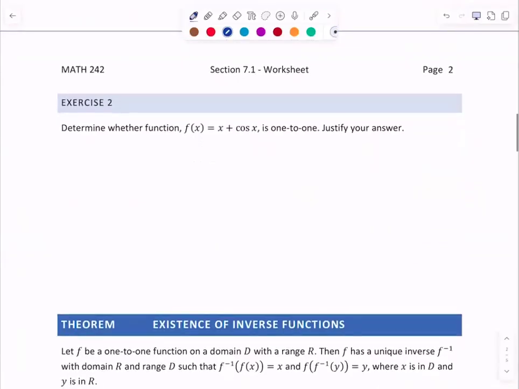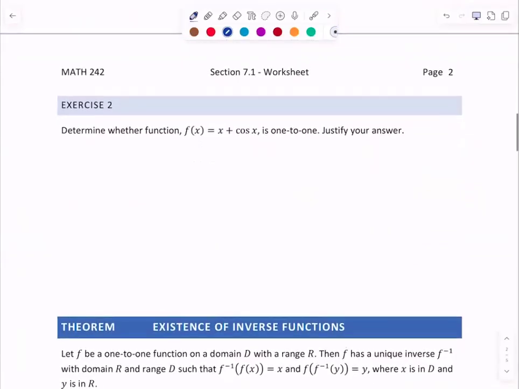Okay, so let's apply some of these concepts that we just talked about. This time, we need to determine whether this function is one-to-one. The challenge here is that if we do not have a graphing utility, we know the behavior of the x function, but the cosine function is a wave, right?